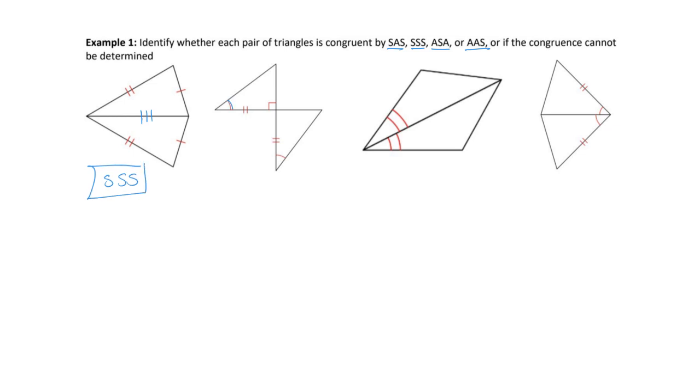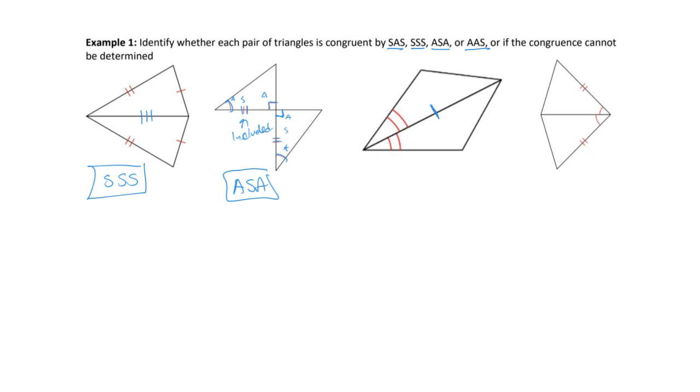This next one we have an angle, included side, and then another angle. And this is a vertical angle, so it counts as well. So this one is angle side angle, because read it: angle side angle, angle side angle.